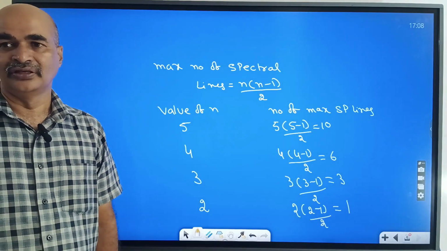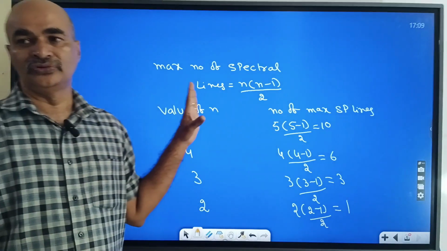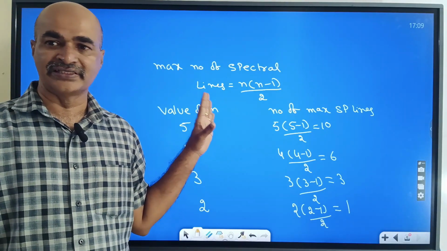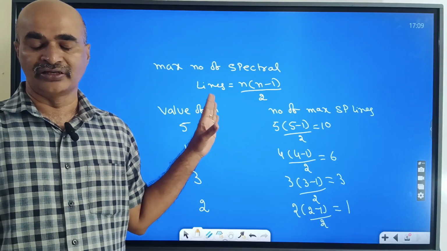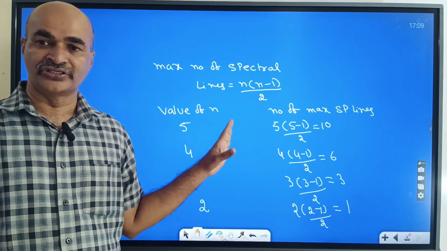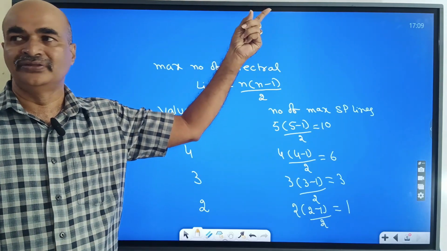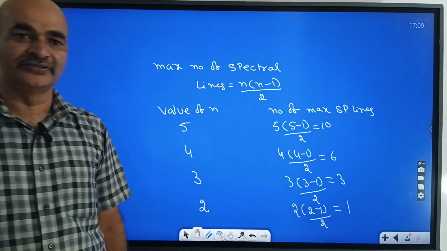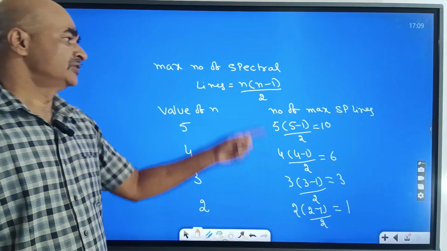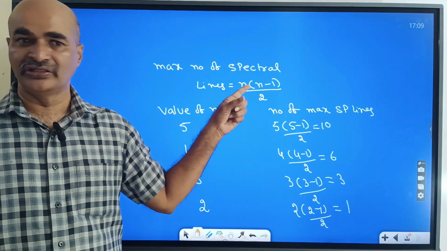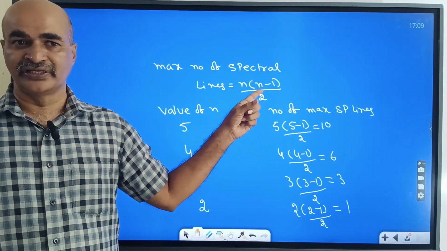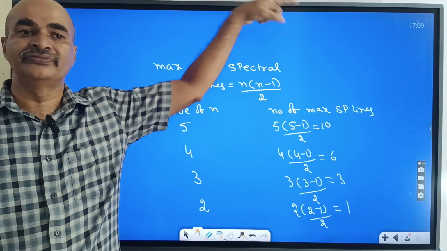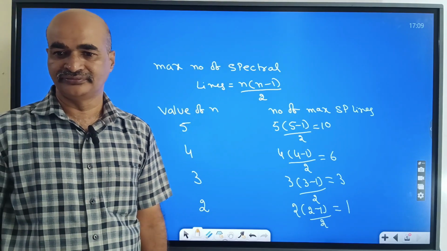This is applicable when electrons are de-excited to the ground state from the nth orbit. If you take a sample of hydrogen gas, this formula holds good when electrons de-excite to the ground state from an excited state.